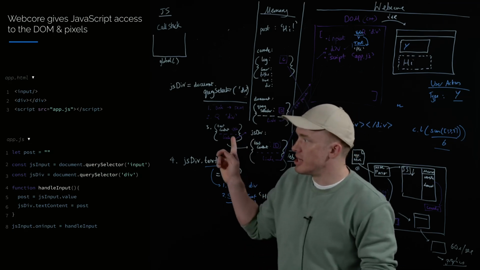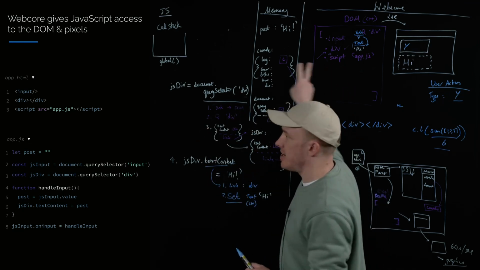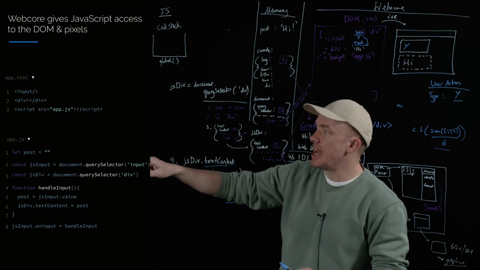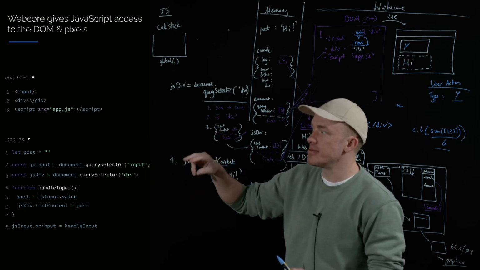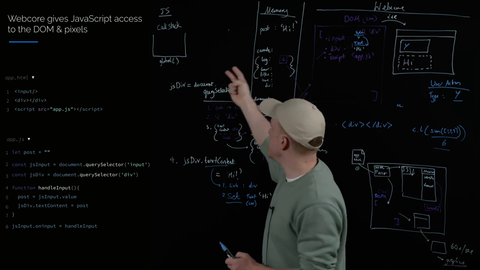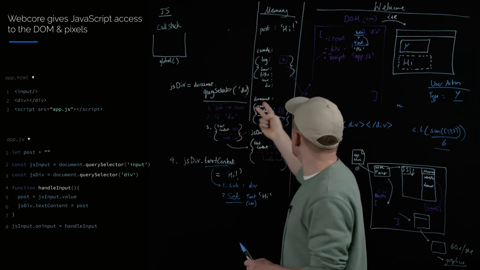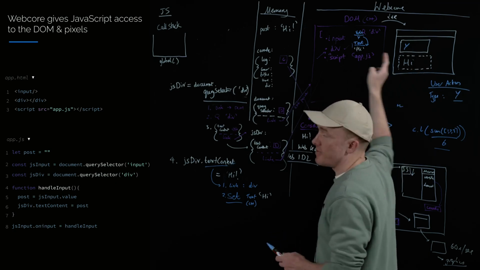We're going to be able to access both our input and our div. We're going to attach a function that will handle the user typing something into the input field. We will then grab our data, put it into JavaScript, and then use it to re-update our data in C++ and therefore display it on the screen.